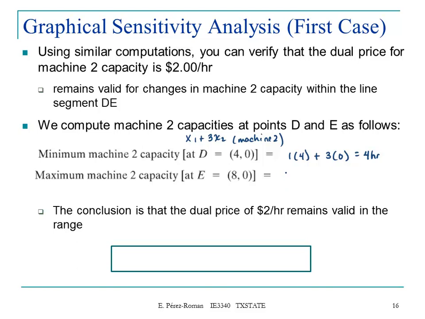So the maximum machine 2 capacity will be 1 times 8 plus 3 times 0, and that equals 8 hours. So again, the conclusion is that the dual price of $2 an hour remains valid in the range 4 hours less than machine 2 capacity.